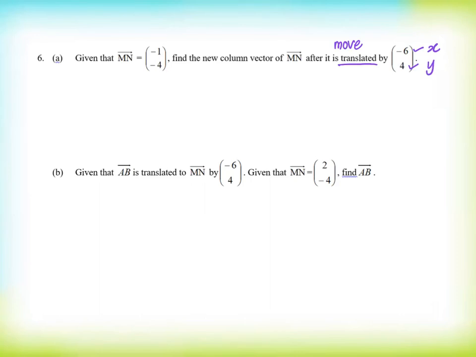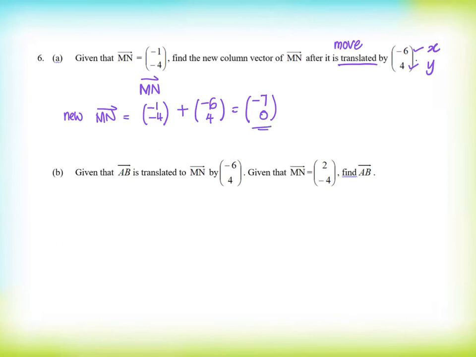What does that mean? So originally MN is given to be negative 1, negative 4. I'm going to shift it by adding a number of units. So I'll add a negative 6 to the x value and a 4 to the y value. So now MN changes to become negative 7 and 0. So the new column vector for MN will be this final answer.